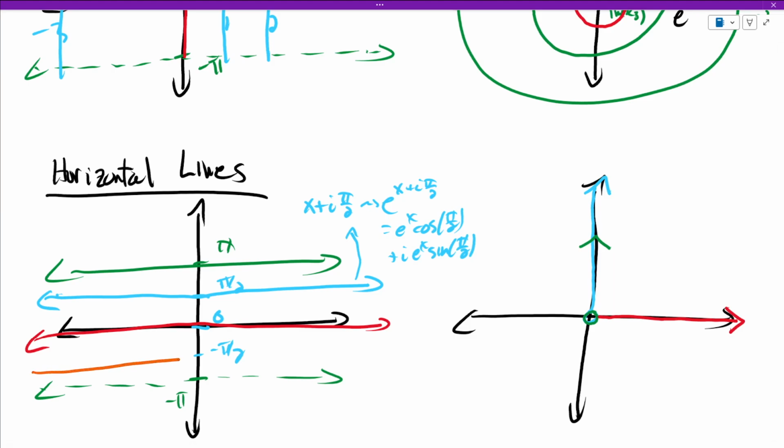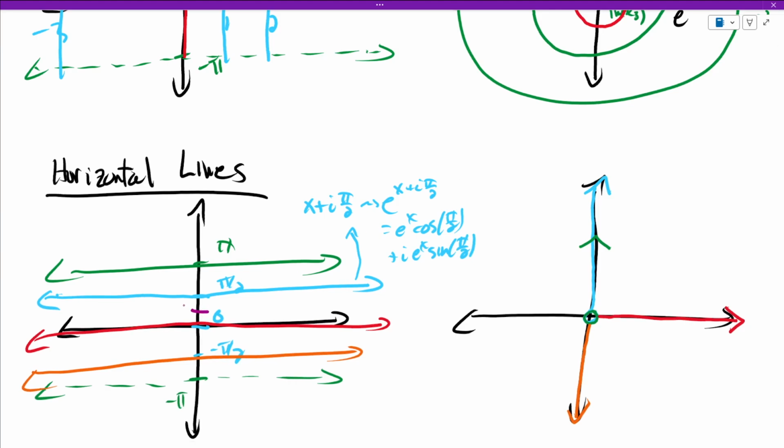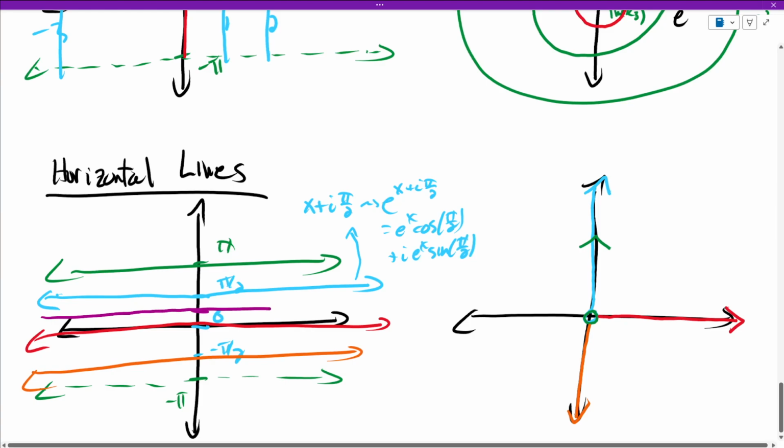Maybe do orange. Again, our imaginary part's negative pi halves, so we're going to get sent to all points that have argument of negative pi halves. And let's just mark one more case here just to see in general. If we have a theta that we're marking our horizontal line at, then it gets sent to all points that have an argument of theta.